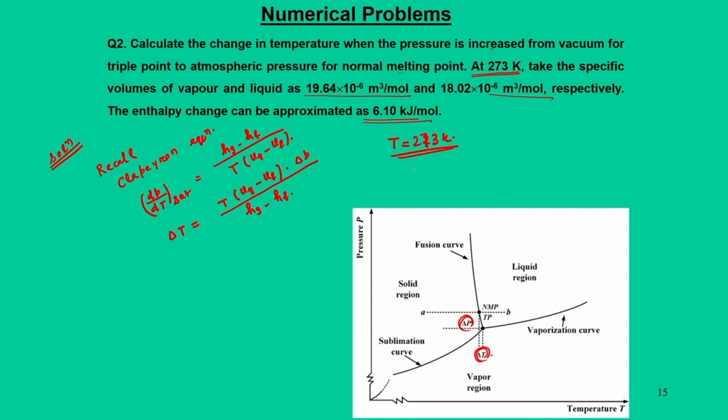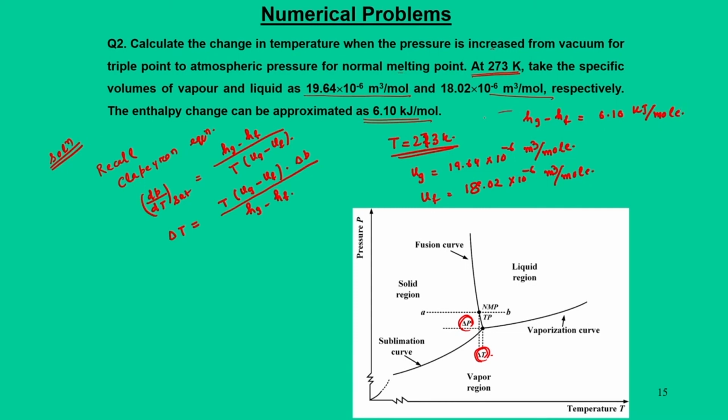At that point we have data Vg as 19.64 into 10 to the power minus 6 meter cube per mole, and Vf as 18.02 into 10 to the power minus 6 meter cube per mole, and the enthalpy change Hg minus Hf given is 6.10 kilojoule per mole.